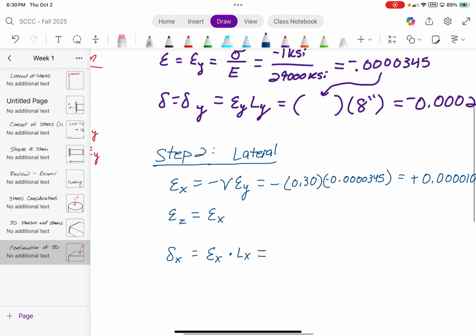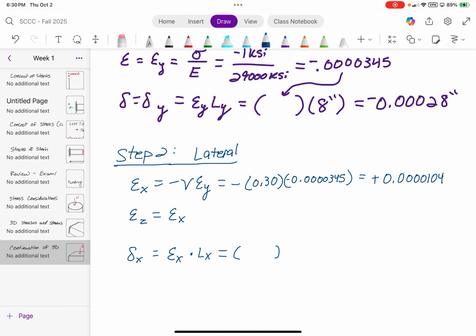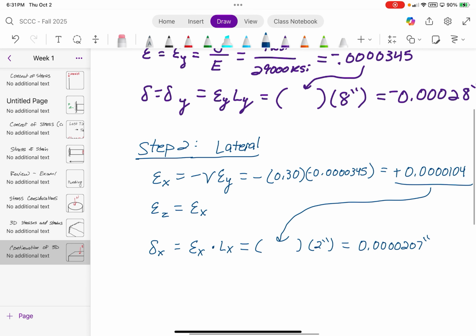So you take that strain that we computed way up here and multiply it by 2 inches. And what we should get is 0.0000207 inches. I really should have specified a much larger force because we are not really doing anything to the member.